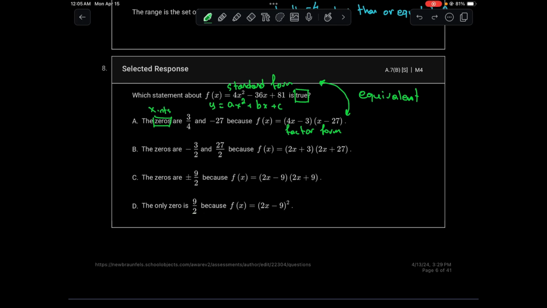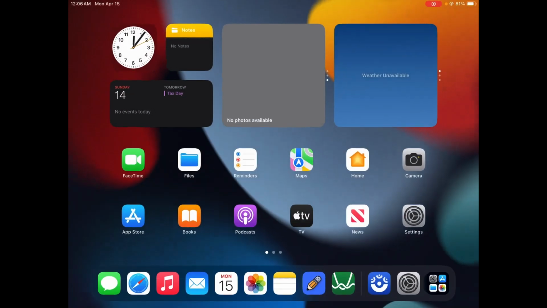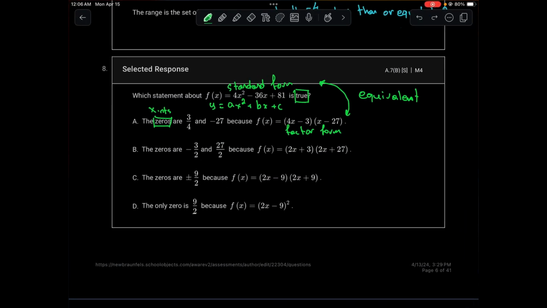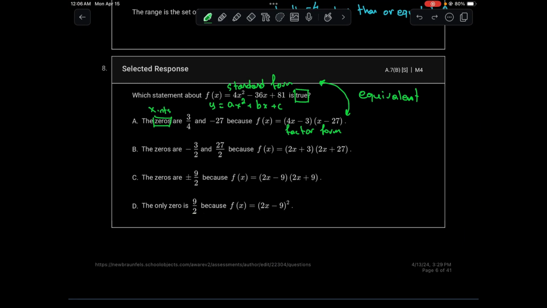How would we do it by hand? We would have to take one by one the given expressions and distribute and see if we would match the standard form. Alternatively, I would try to factor this standard form, but in the stress of the STAAR test, our brain may not want to do all this work, so I'm just gonna do the graphing calculator.